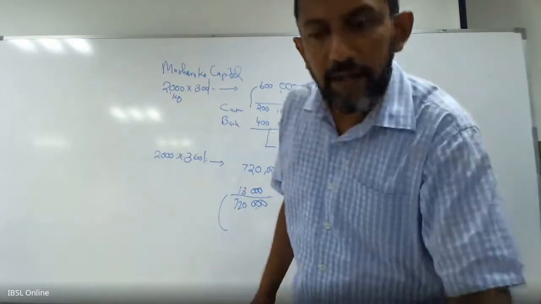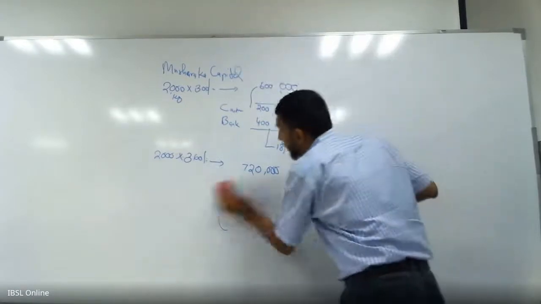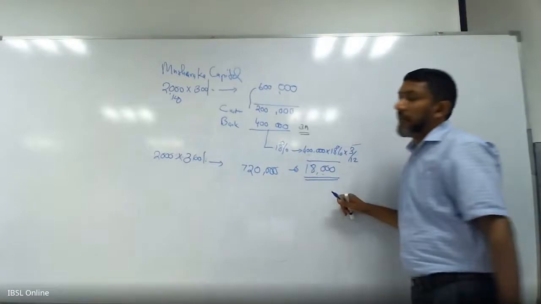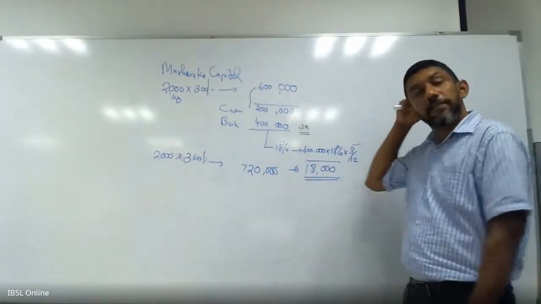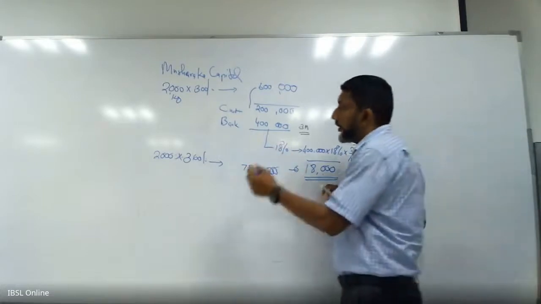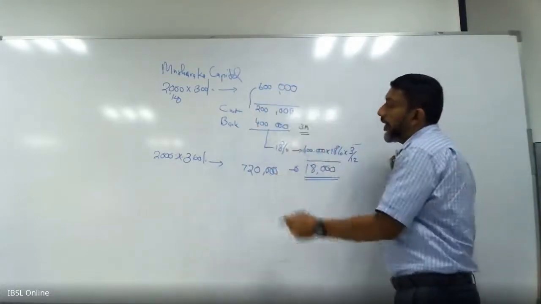Sorry, my mistake. Not 720,000. 720,000 is the sales proceeds. What's the profit? You can calculate it two ways.